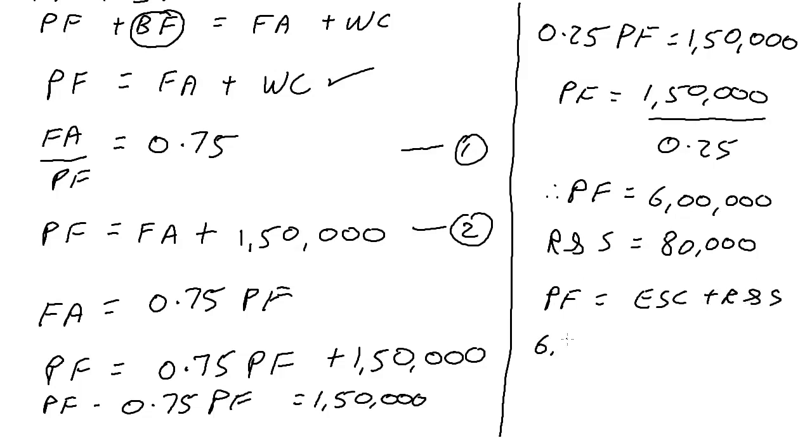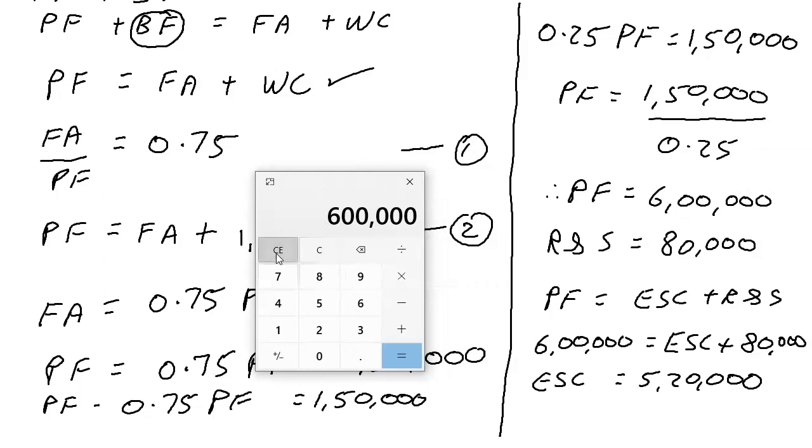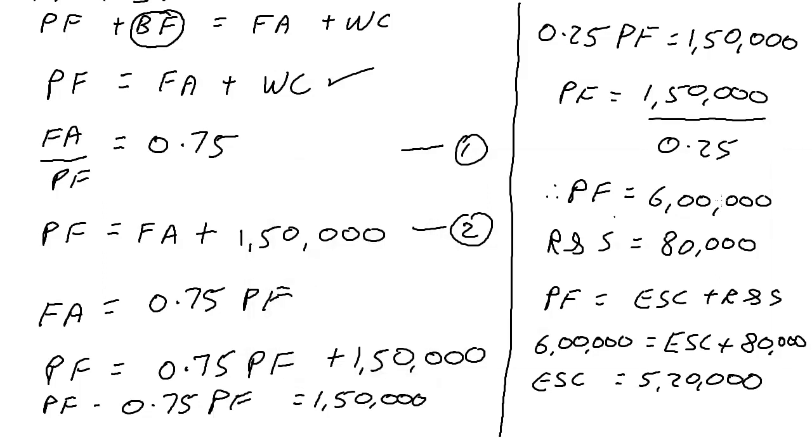So 6 lakhs is equal to equity share capital plus 80,000, and we solve for this and we get equity share capital is equal to 5,20,000. 80,000 over here is addition, goes that side it becomes subtraction. I'll do it once on the calculator for your satisfaction. We have 6 lakhs minus 80,000, which gives us 5,20,000.